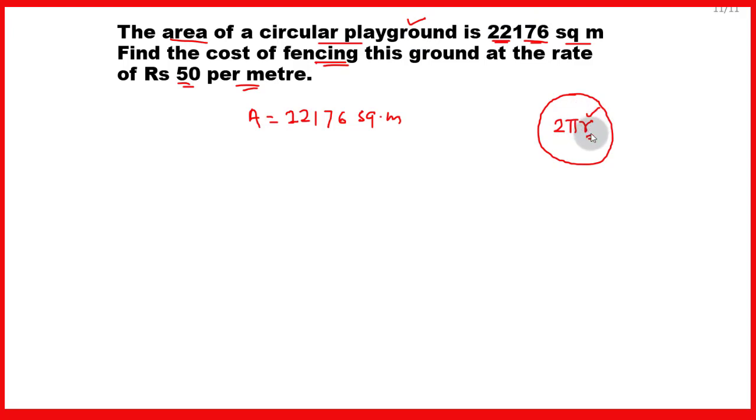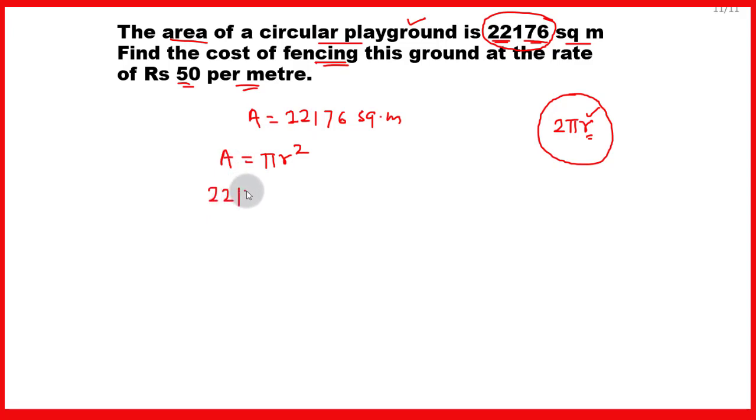We will require the radius of the playground, and the radius of the playground is not given to us, but instead of that the area of the playground is given, and with the help of this area we can find the radius. Therefore we know that area of a circular playground, A, is equal to pi r square.